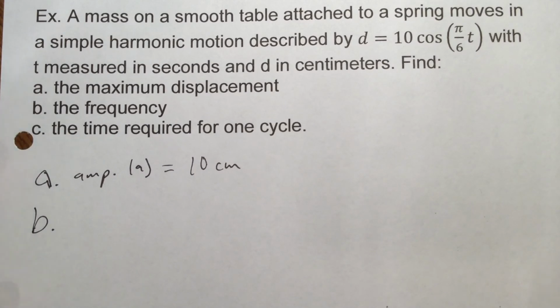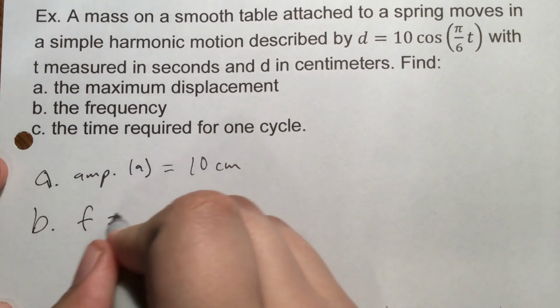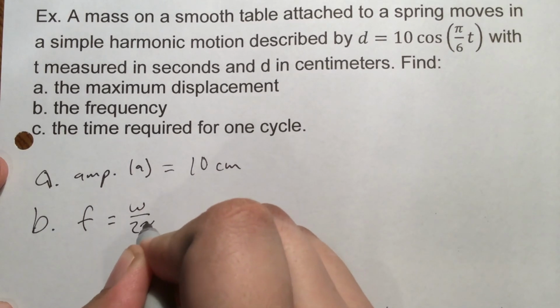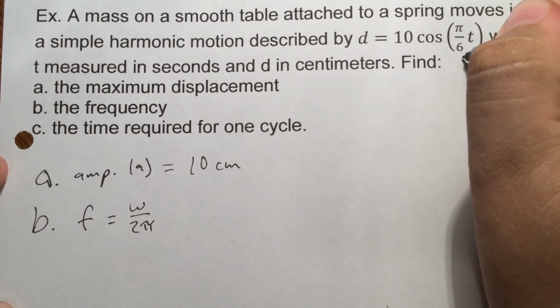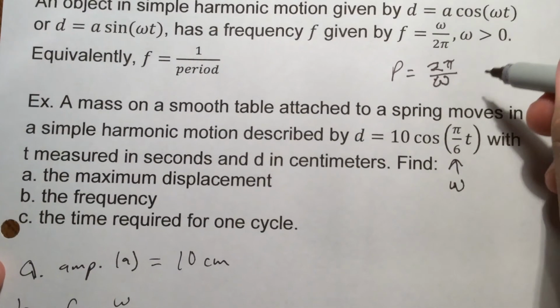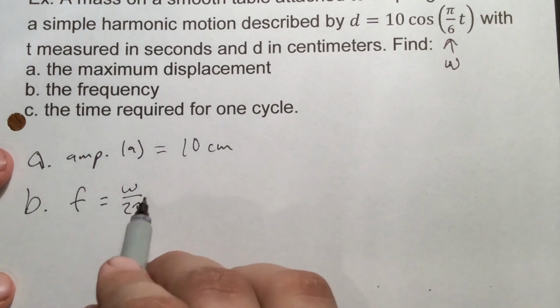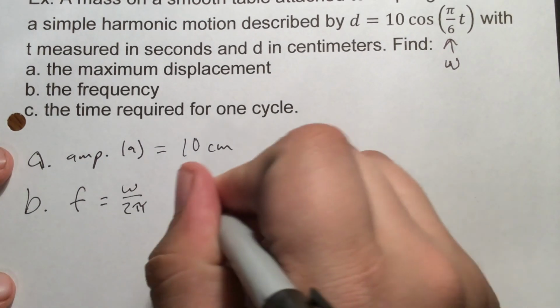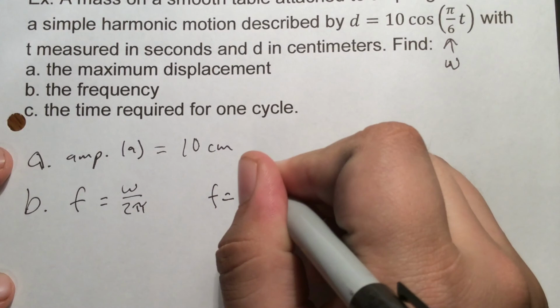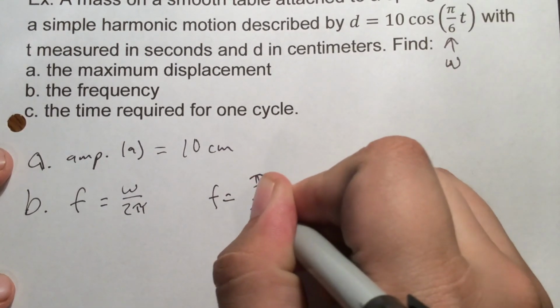B, now finding frequency. Frequency is equal to omega over 2 pi. What's in front of the t is the omega, so that's what's going to go up here. So what we're really going to have is f equals pi over 6 over 2 pi.